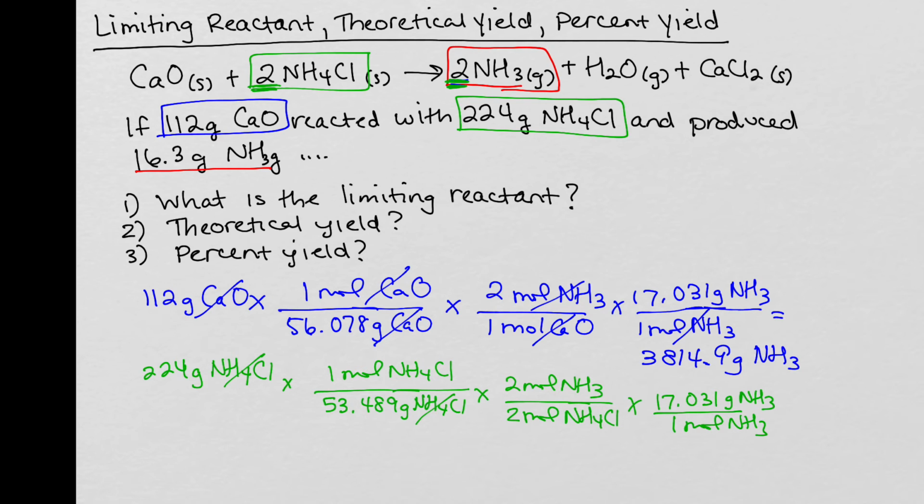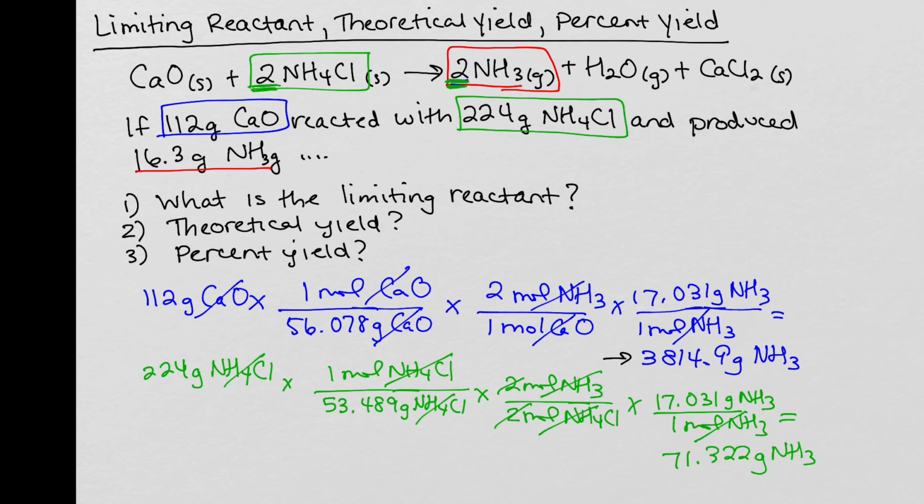And then I double check my units again. Here I had moles of ammonium chloride canceling with moles of ammonium chloride, moles of ammonia canceling with moles of ammonia. And this is going to tell me if I multiply 224 by 17.031 and then divide by 53.489, this gives me 71.322 grams of NH3. So now I need to compare these two.